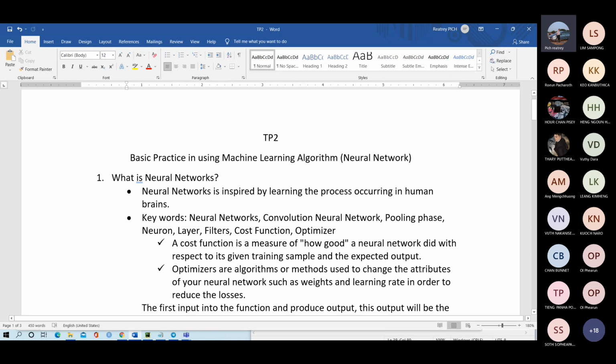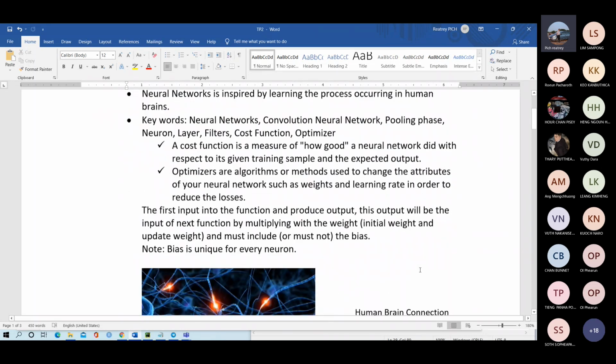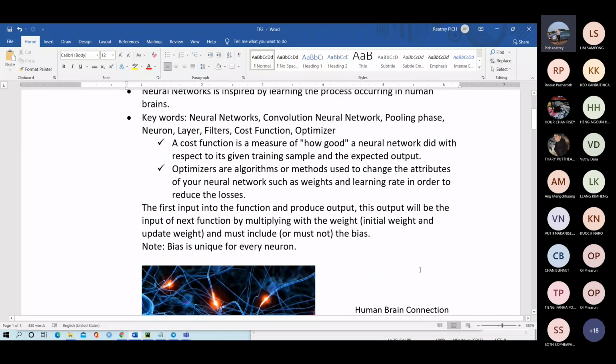But I just put the definition up to the cost function. Cost function is like, if we talk about network traffic, packet traffic, you would like to find the accuracy, how much traffic is produced.